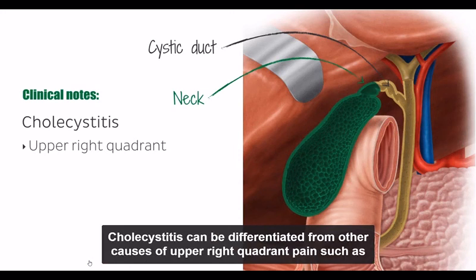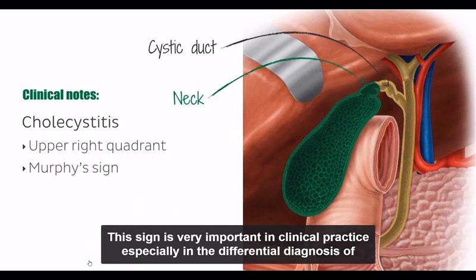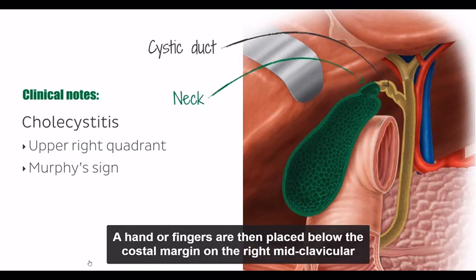Cholecystitis can be differentiated from other causes of upper right quadrant pain, such as pyelonephritis, by trying to elicit Murphy's sign. This sign is very important in clinical practice, especially in the differential diagnosis of acute abdominal pain, and is tested by first asking the patient to breathe out.